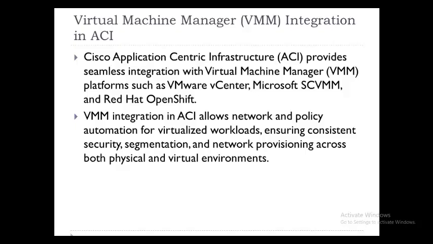Now, if ACI will go and talk to vCenter, and if ACI can understand the language of vCenter, now ACI can control vCenter. ACI can dictate to vCenter. ACI can make the vCenter decisions according to what we put as configuration on ACI.